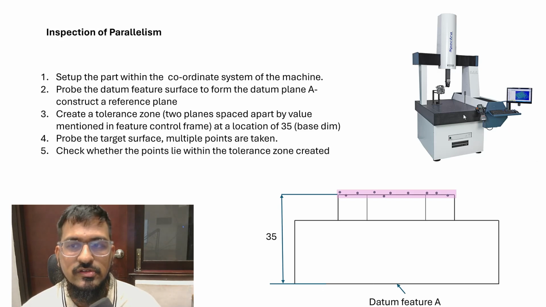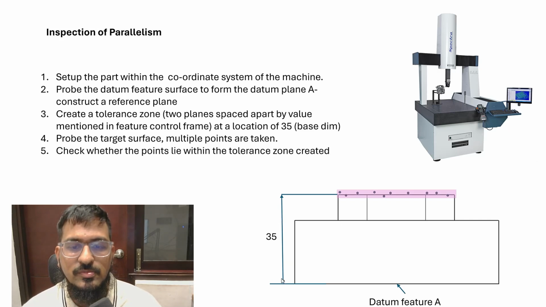This surface is first touched with the probe and we get all the points, and then a best fit plane is created, which is the datum plane A, that is constructed, and this is the reference plane. So the probe is contacted at the bottom surface of the part, which is the datum feature A. A best fit plane is created, which is the reference plane.